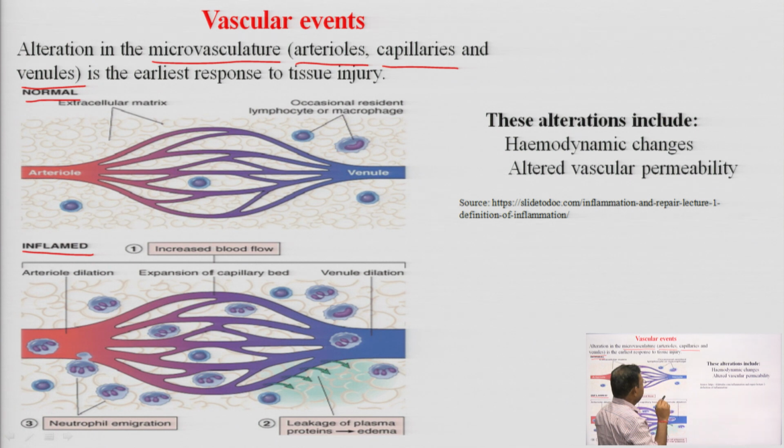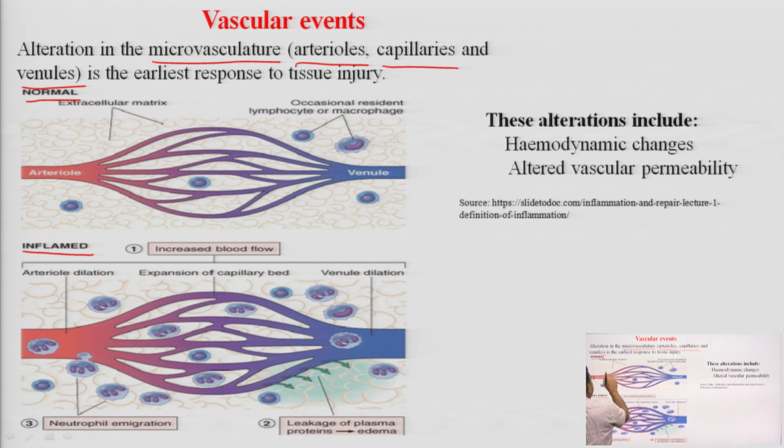Small arteries are arterioles, and capillaries and small veins, called venules, are altogether called the microvasculature. Alteration in the microvasculature is the earliest response to tissue injury.